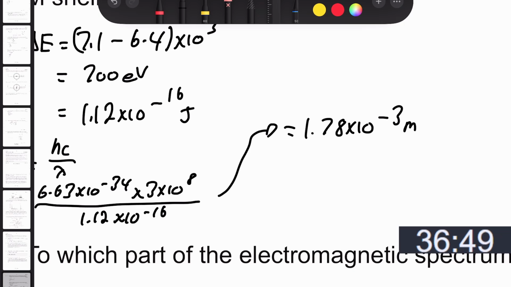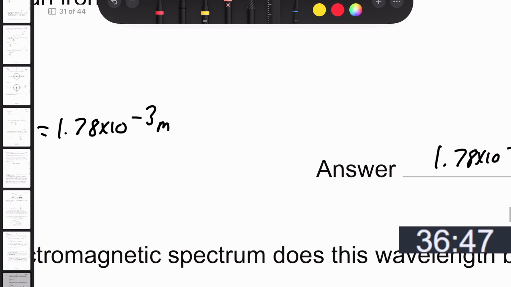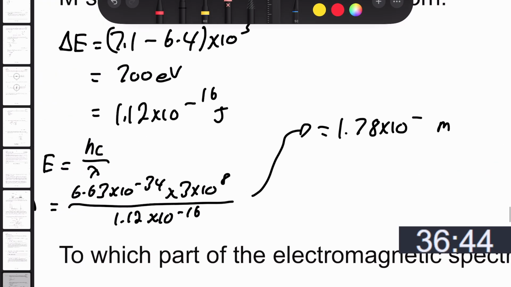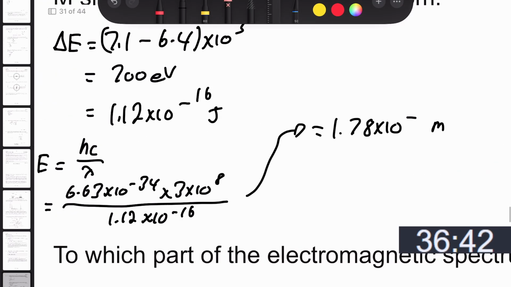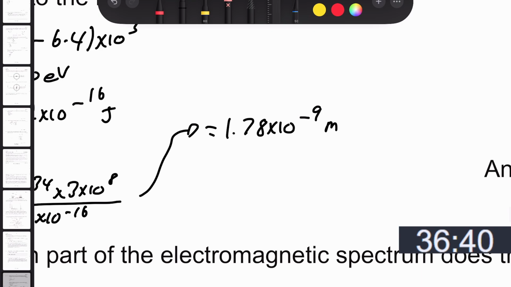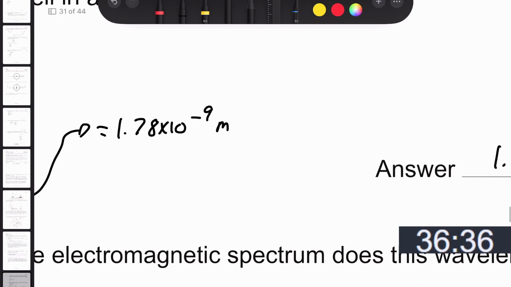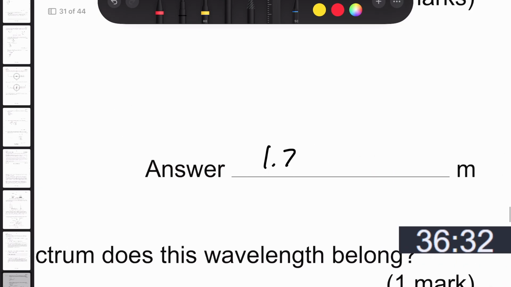Yeah, 16. Oh wait, sorry, no. 9 meters. 1, 2, 3, 4, 5, 6, 7, 8, 9. That's 1.77 times 10 to the negative 9.